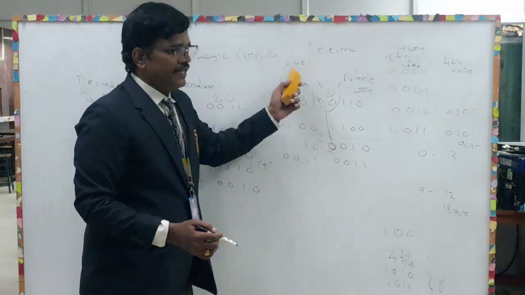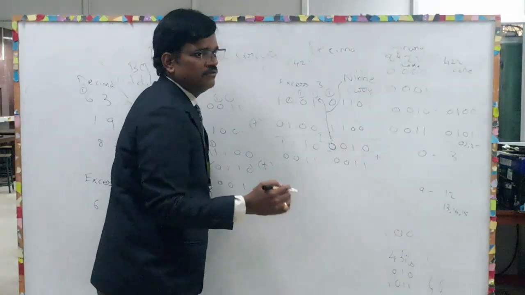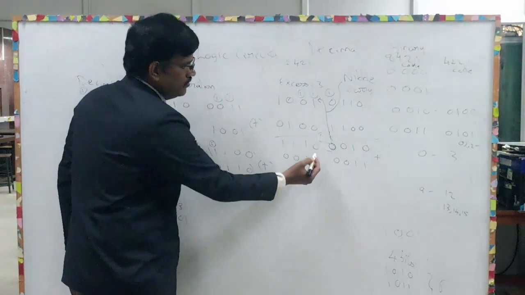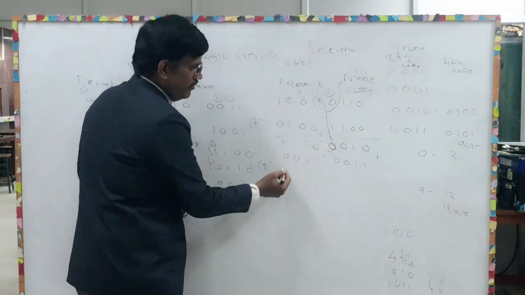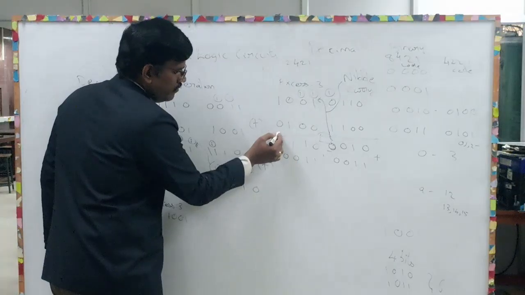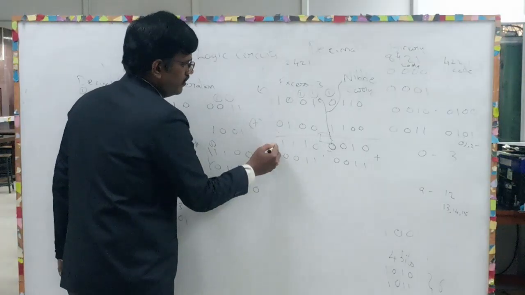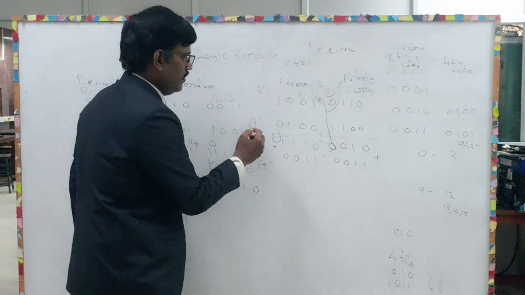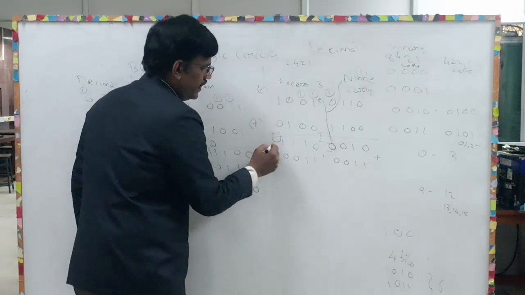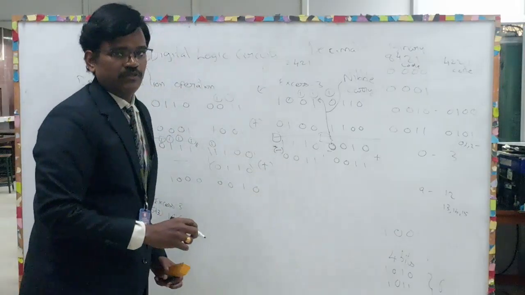When there is a carry available, then there must be an addition operation to be done, and this is going to be the next nibble. So, from this nibble to the next place, whether there is a carry or not we are supposed to check. When you check here, we do not have a carry available here. So, when there is no carry available, for this we are supposed to perform the subtraction operation.